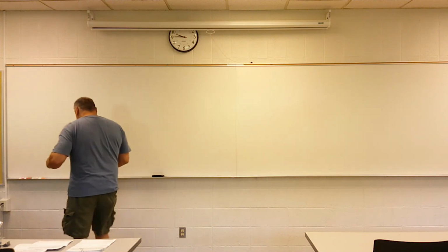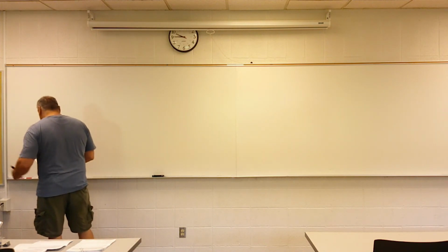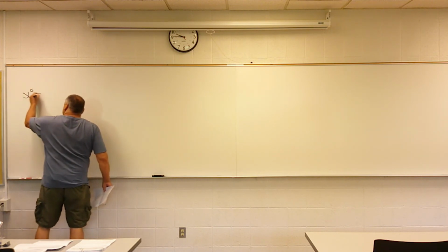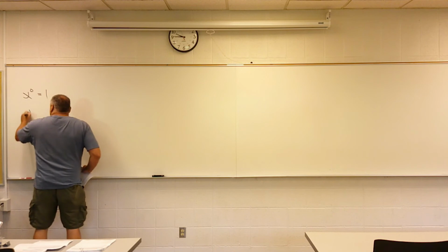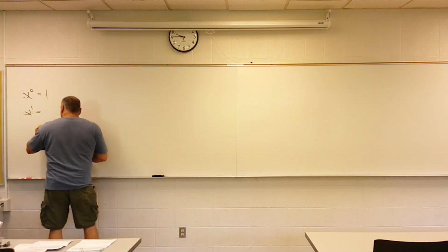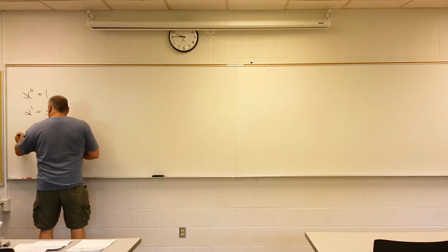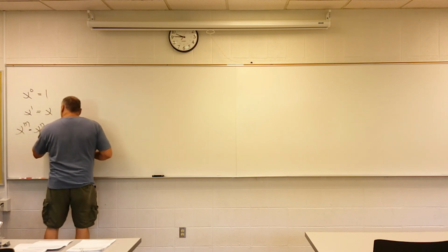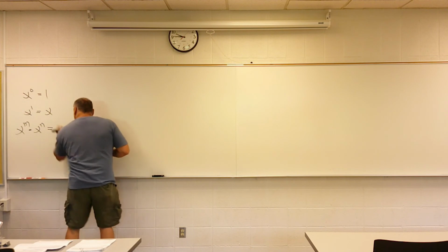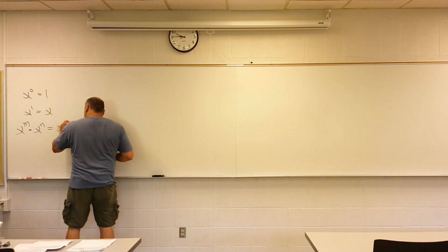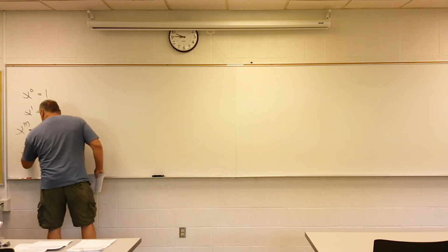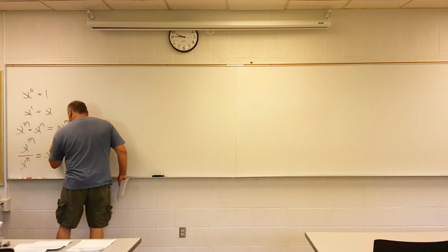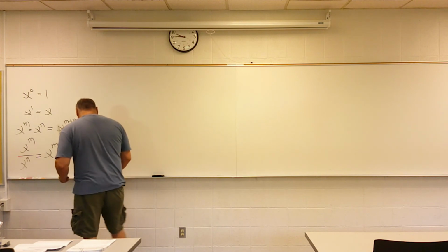Before I get into old practice exam number 1, let's look at the fact that x to the 0 is equal to 1, x to the 1 is equal to x, x to the m times x to the n equals x to the m plus n. x to the m divided by x to the n is x to the m minus n.